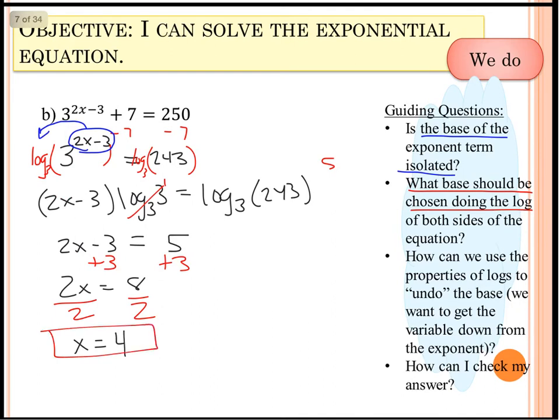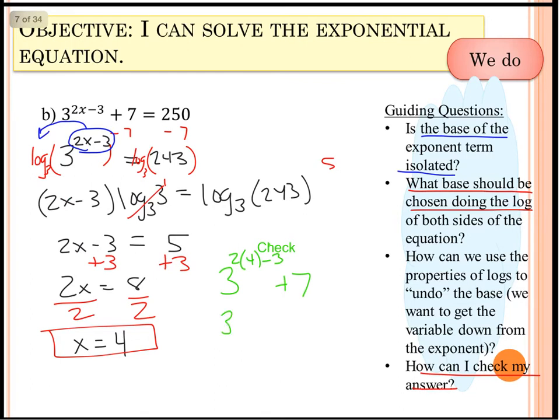After I do that, I want to make sure that I check my answer, because we are going to get into some things later on where we do get extraneous solutions. So here's my check. 3 to the 2 times 4 minus 3 plus 7. I'm checking to see, is that equal to 250?